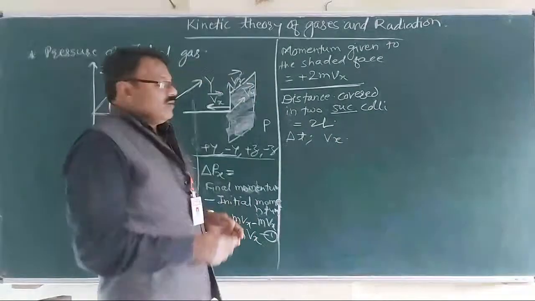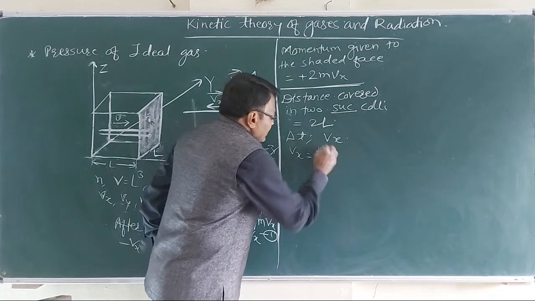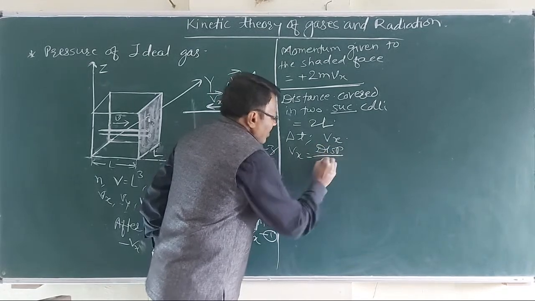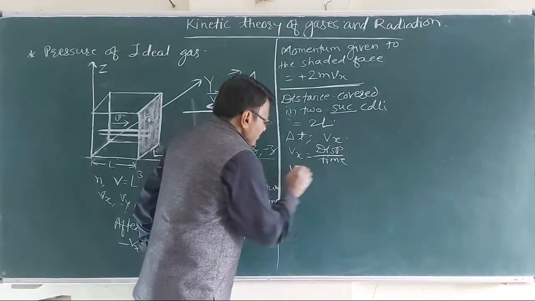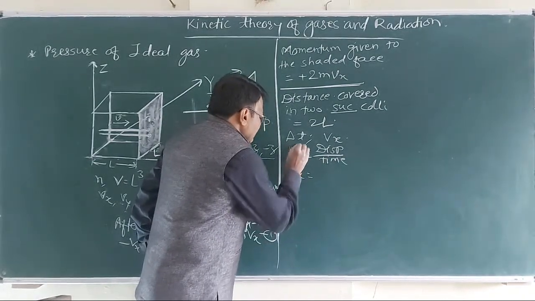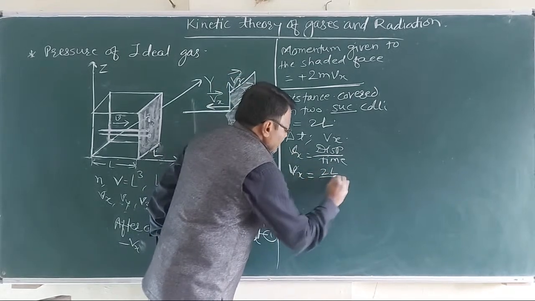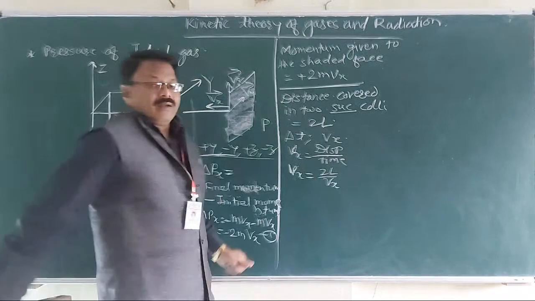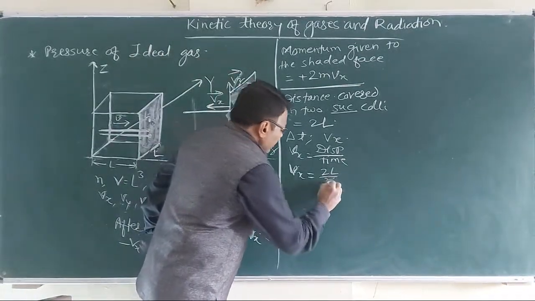From this we know the formula for velocity: Vx is equal to displacement upon time. Displacement is twice L upon delta t.